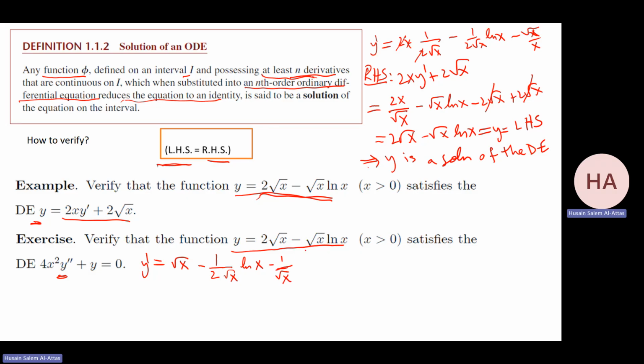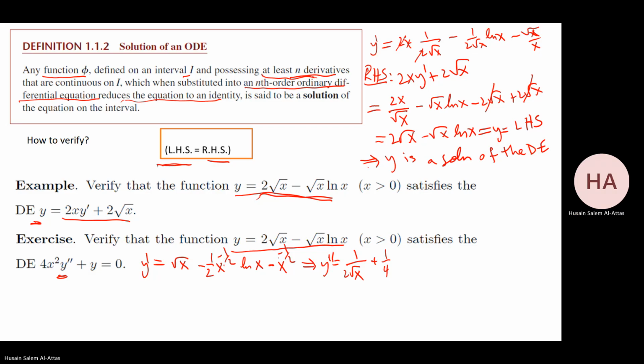I need to find y double prime. Do it in steps. 1 over 2 root x I can rewrite as 1 over 2 x to the minus half. I think that will make it easier for me. Now do the calculations. You have plus 1 over 4.